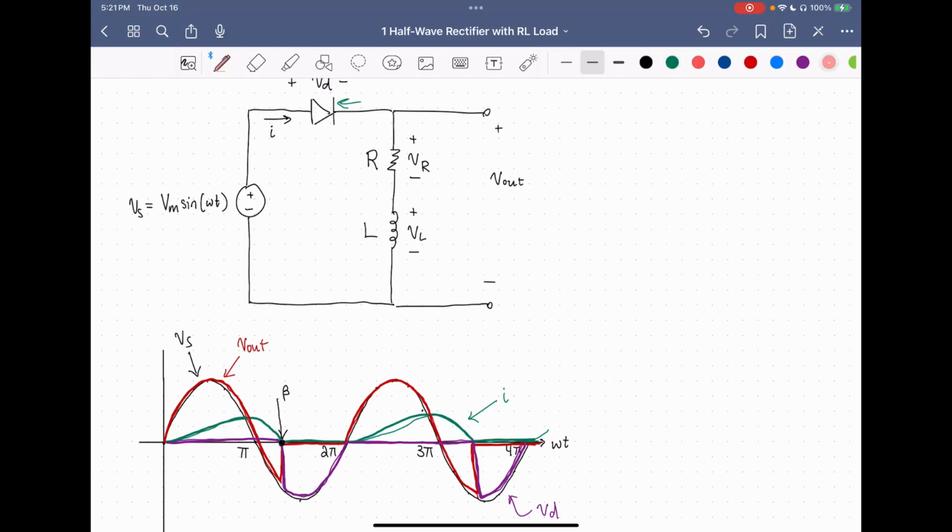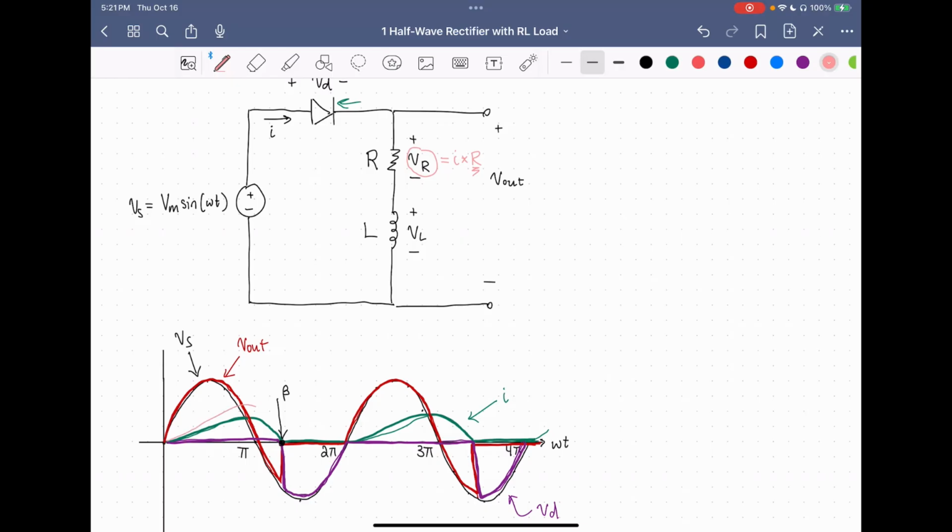Another thing to note is the voltage drop across the resistor, VR. VR is just equal to I times R, so it's a scaled waveform of I because R is a constant value. VR is going to look something like this.